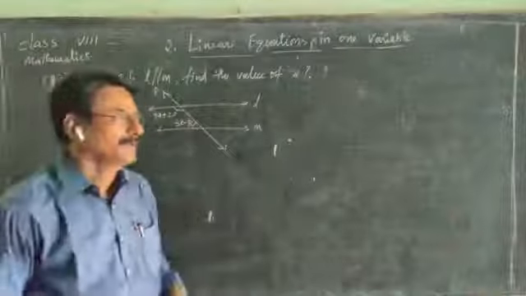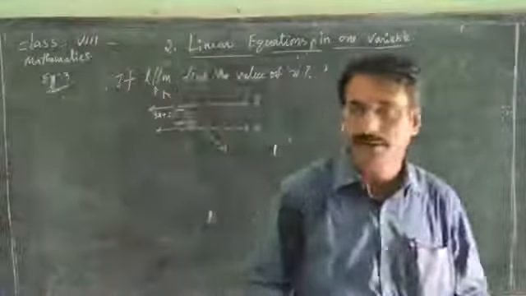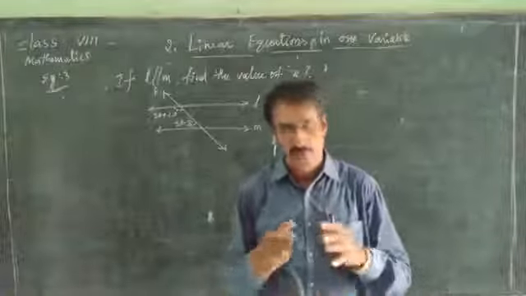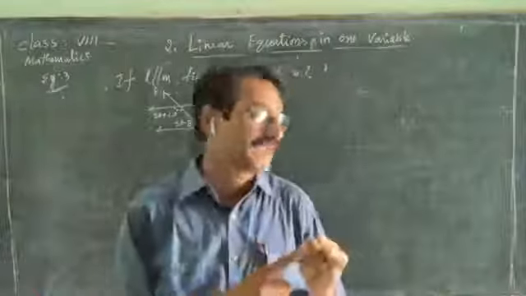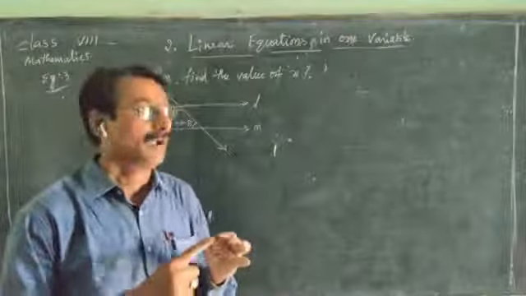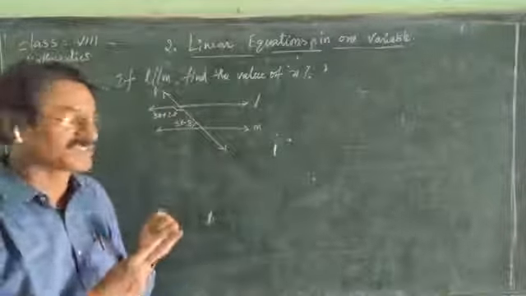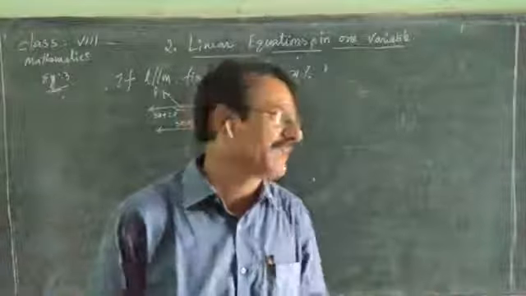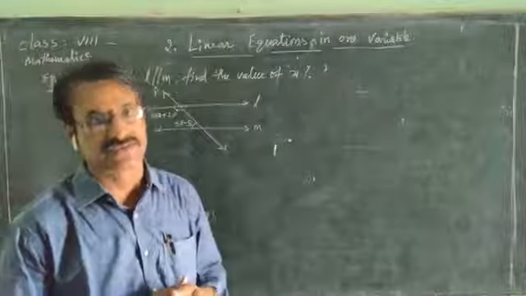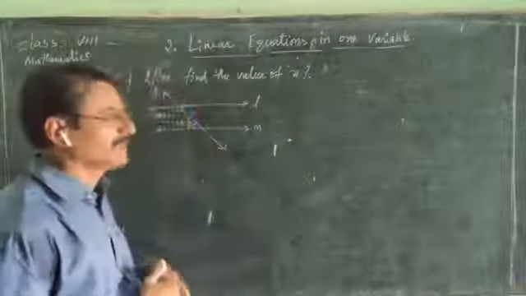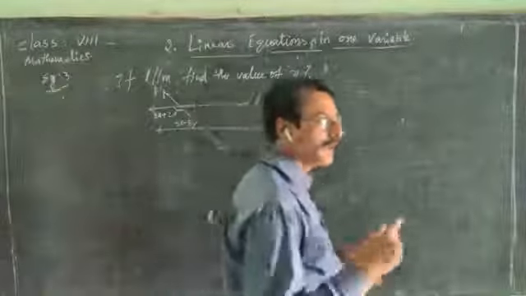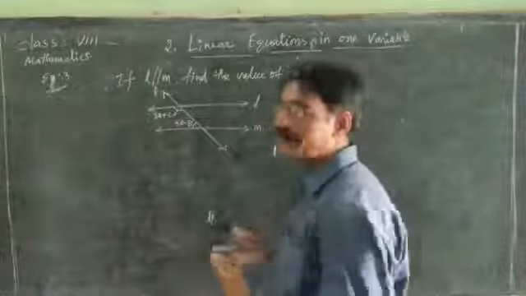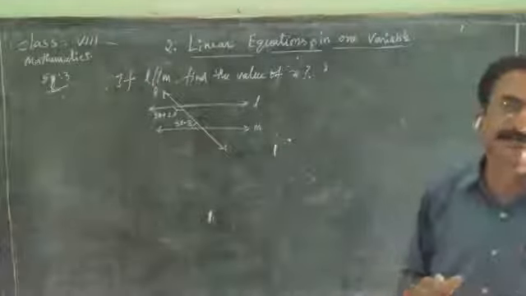In mathematics, there are 5 academic standards: problem solving, giving reasons and proofs, communication, connections, and visualization. These five are the academic standards in mathematics. This type of sums belongs to connection sums between two or three branches in mathematics.